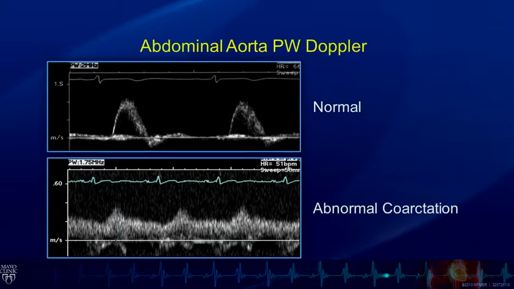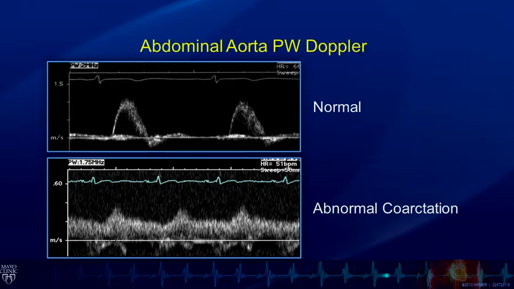I commented on the normal pulse wave Doppler profile of the abdominal aorta, demonstrated in the top panel: a brisk upstroke shortly after the QRS, usually a peak of about 1 meter per second, and then rapid deceleration, and early diastolic reversal is normal. Contrast that to the abnormal pulse wave Doppler examination demonstrated in the lower panel.